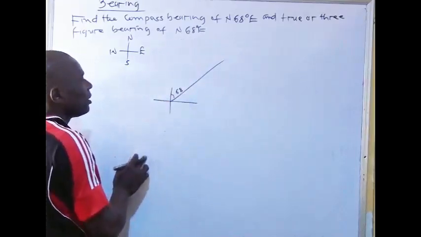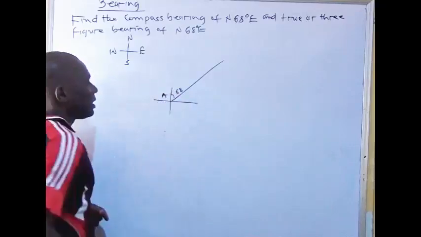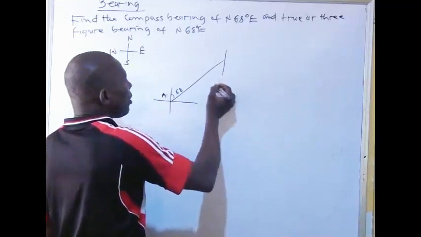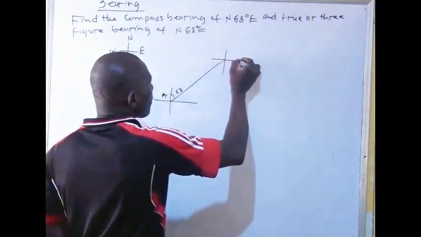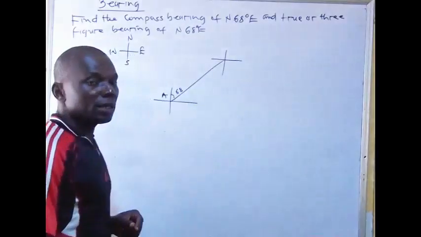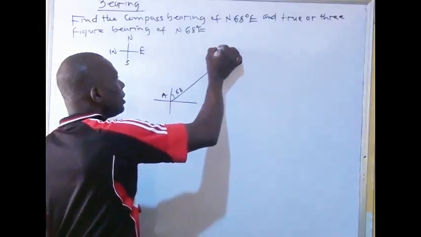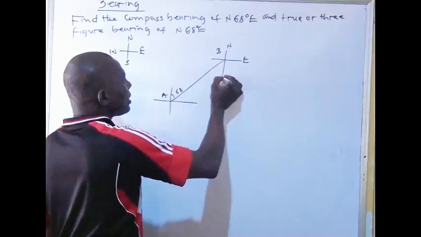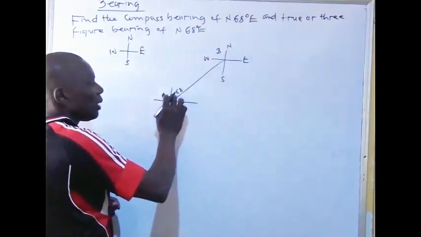Let's assume this point here is A. Then this point here, where this line will move, there's usually another four cardinal points. To illustrate this, assuming this part is B. If we label this north, east, south and west, this is the bearing we are looking for.